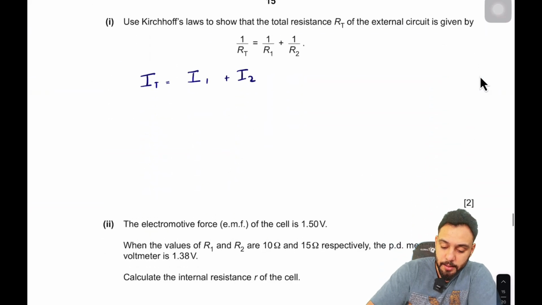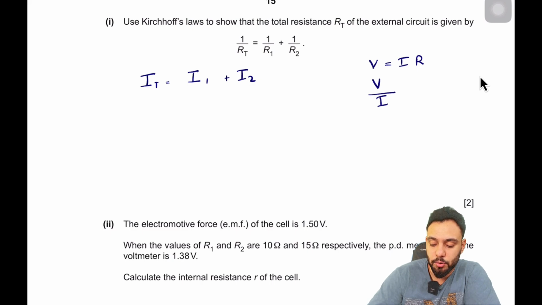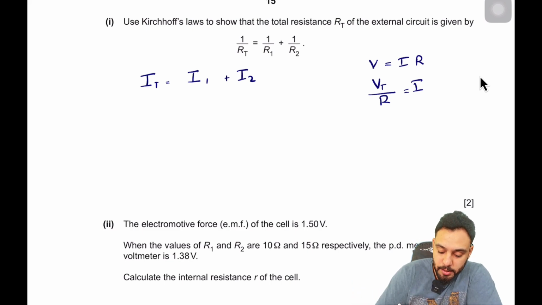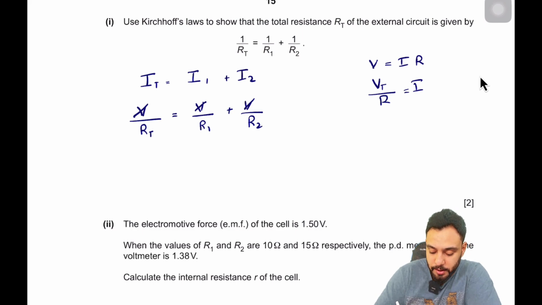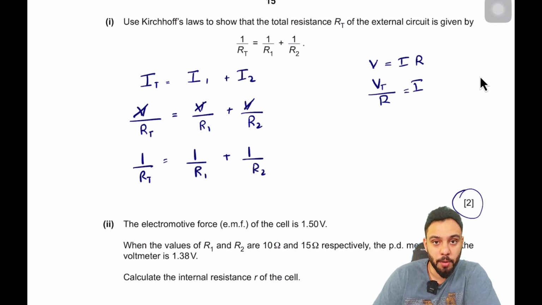Since V equals IR, V over R is equal to I. In parallel circuits, the voltage remains the same, so I do not need to write Vt and V1, V2. I can substitute V over R total equals V over R1 plus V over R2. The V's cancel each other out, and we are left with 1 over R total equals 1 over R1 plus 1 over R2. That's going to give me 2 marks very easily.